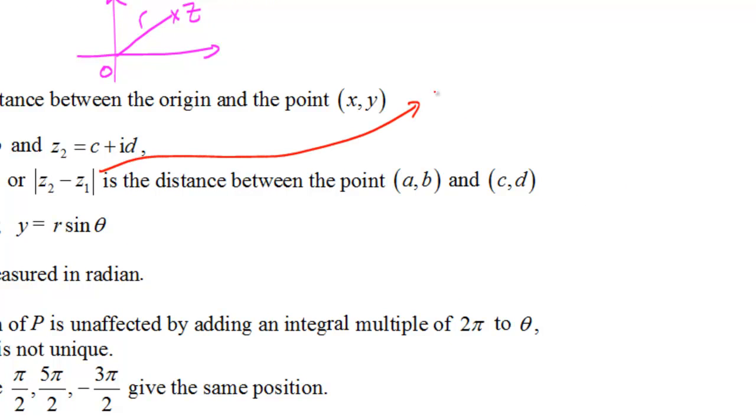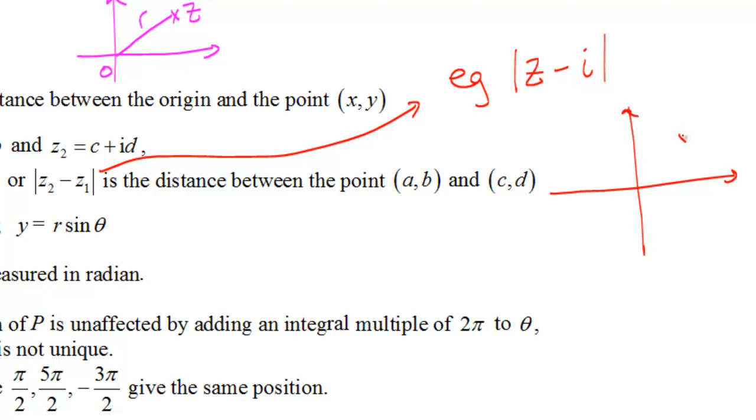For example, if we see modulus of z minus i, it means, if z is a point here, and this particular point here on the positive imaginary axis represents i, then the distance between these 2 points is represented by this notation.